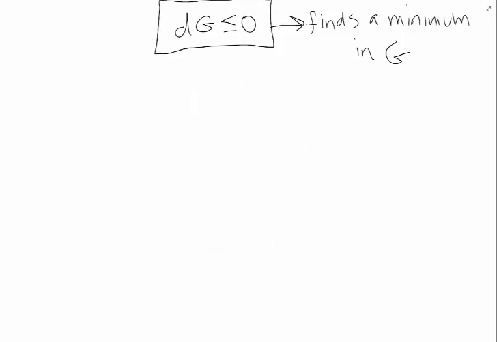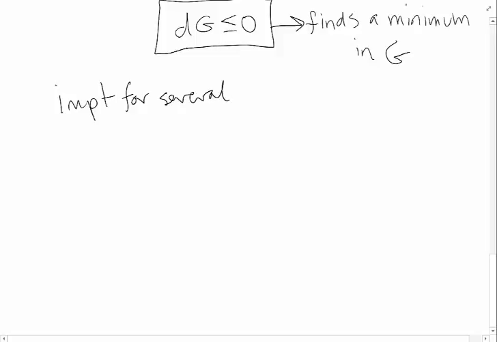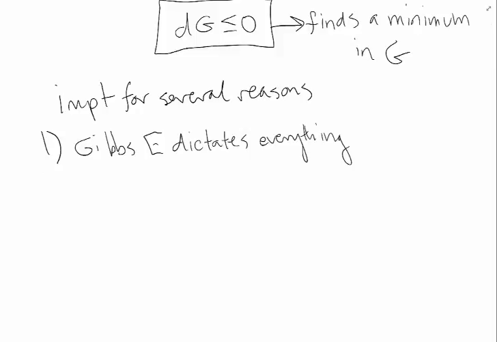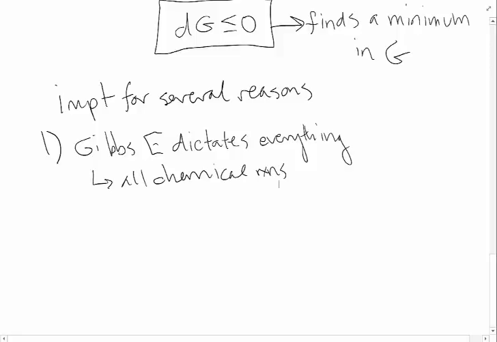All right, so this idea of minimizing the Gibbs energy is important for several reasons. First reason, the Gibbs energy dictates everything. All chemical reactions, all chemical processes, everything are trying to minimize their Gibbs energy.